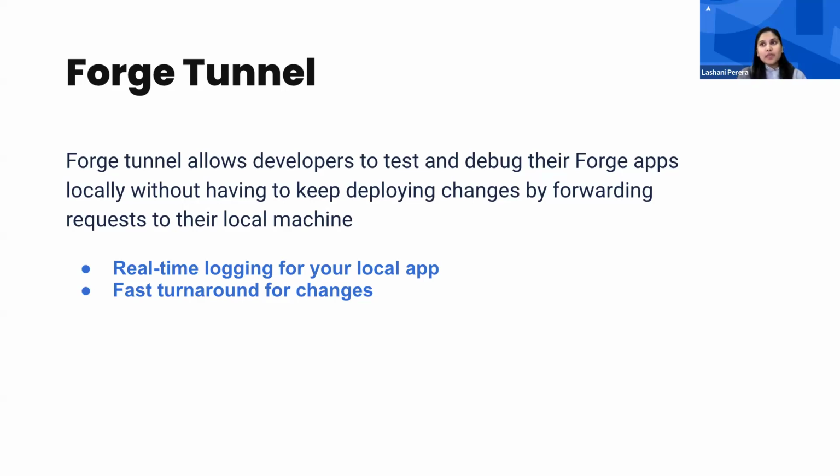And also, tunnel helps with fast turnaround for changes. The tunnel watches for code changes and rebuilds your app, and you don't need to deploy your app after every change, which lets you test fixes faster. There are some limitations around different types of apps. We can discuss that later.